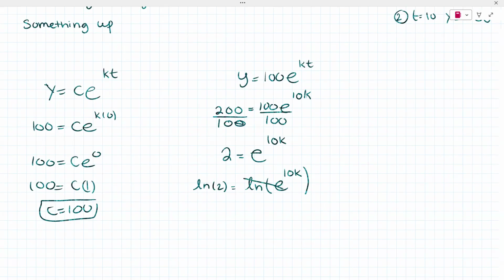The ln e cancels, you're left with 10k. Divide this by 10. You get k equals ln of 2 over 10.